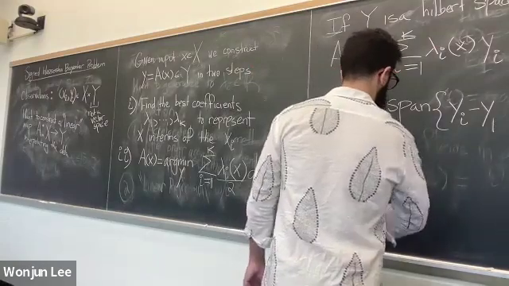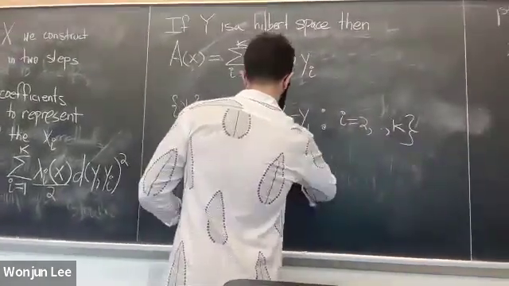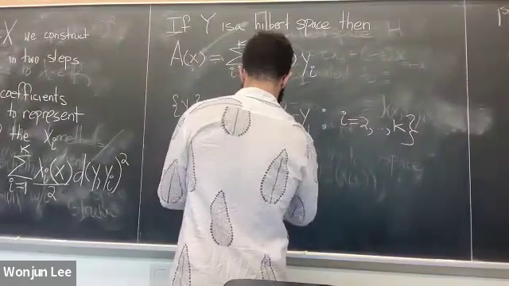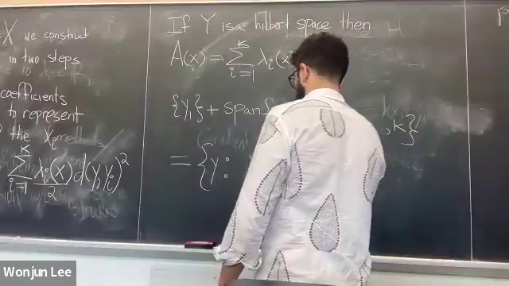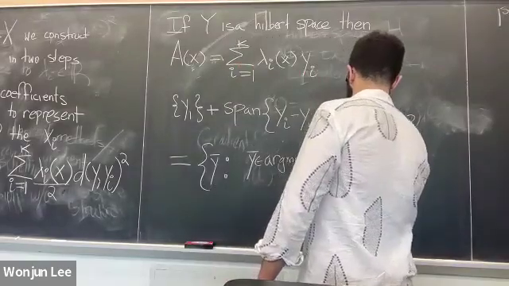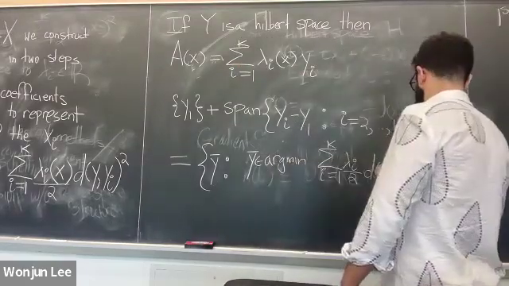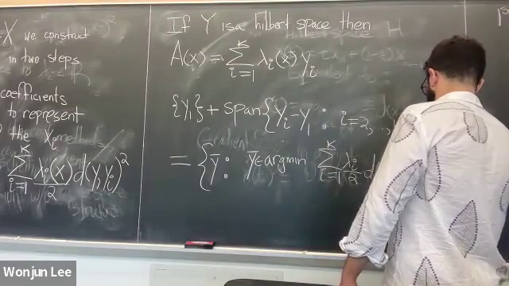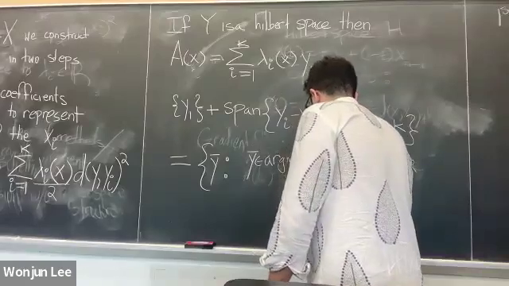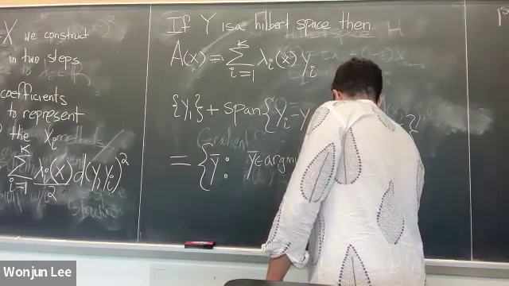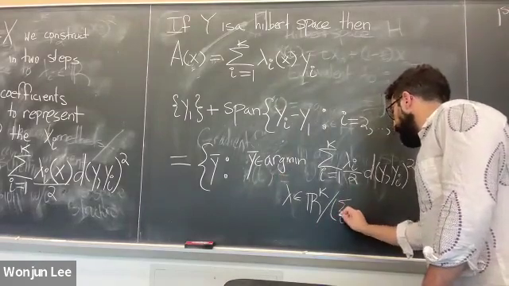So this is y such that, and again, the lambda i's, or let me just write this as lambda, they belong to all possible vectors I can get in Rk, and then just mod it out by this relation that they add up to 1.